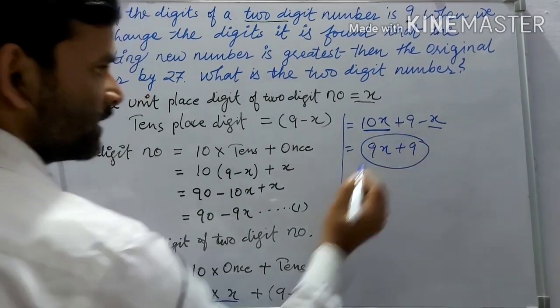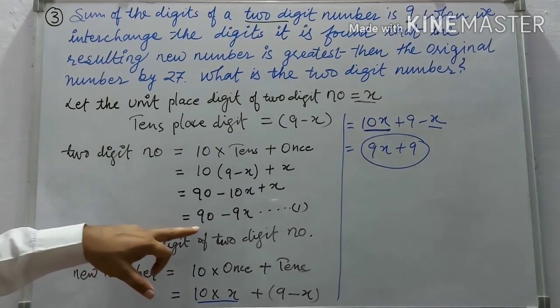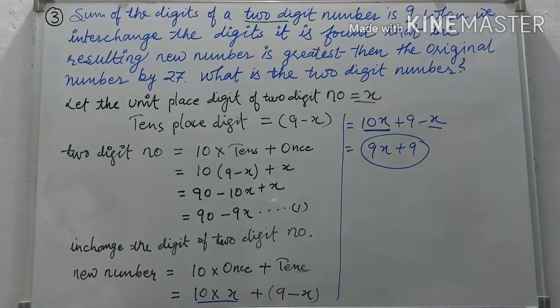This is the new number. The original number is 90 minus 9x and the new number is 9x plus 9.